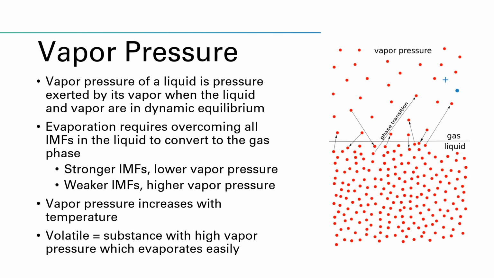All right, so what is this vapor pressure all about? Well, if you look at a particle description of the liquid and the gas interface, in the liquid portion, which is below the line in this diagram, we've got the particles fairly close to one another, so they are attracting each other with their intermolecular forces.